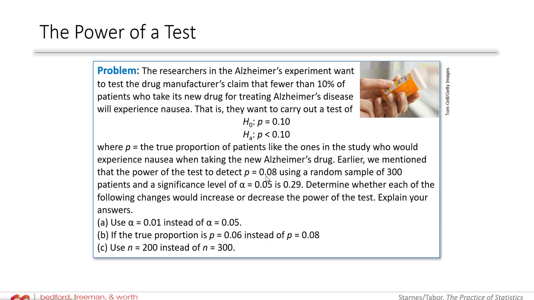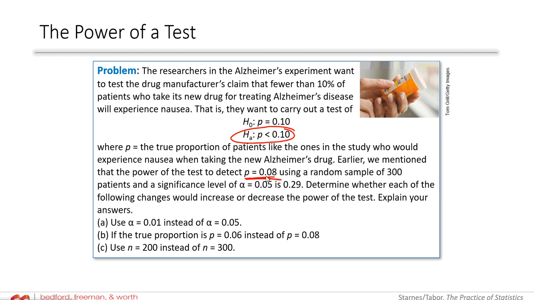So HA is that the actual population proportion of patients who experience nausea is actually less than 10%. I know it's 8%, right? The power of the test to detect, or to find statistically significant evidence, is 29%, right? So for questions A, B, and C, if we make these changes, does that increase the power of the test or decrease the power of the test?